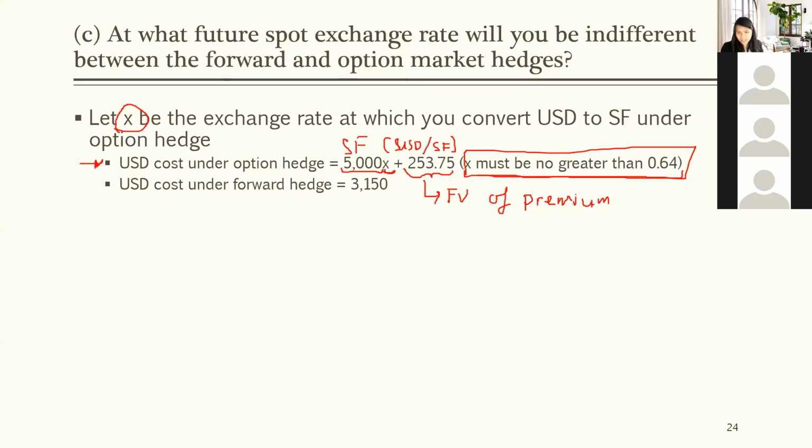What we're looking for. No, I'm just asking why X has to be no greater than 0.64. Is that what you're saying? Otherwise, it wouldn't be equal to the forward rate. No, not exactly.